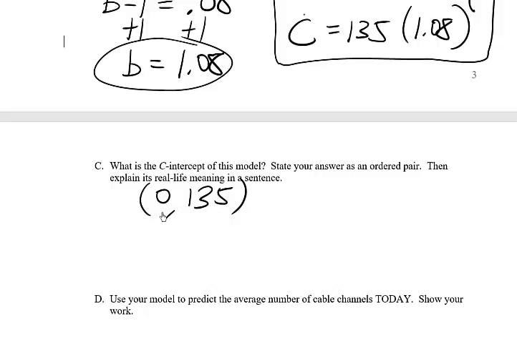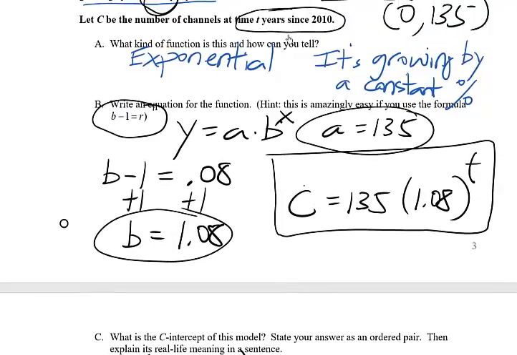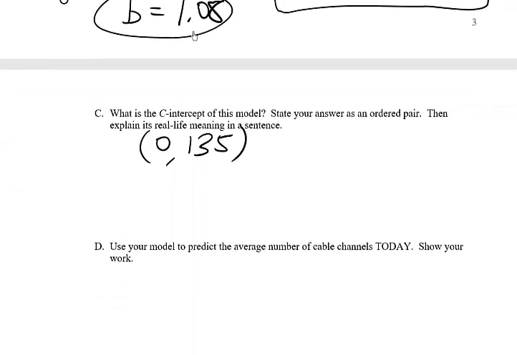Well, I might need to check my variable definitions. I'm reminded that T stands for number of years since 2010, and C is the number of channels. And so in this ordered pair, the 0 would mean 0 years since 2010, so in 2010. And the 135 would be 135 channels. So in 2010, there were 135 channels.